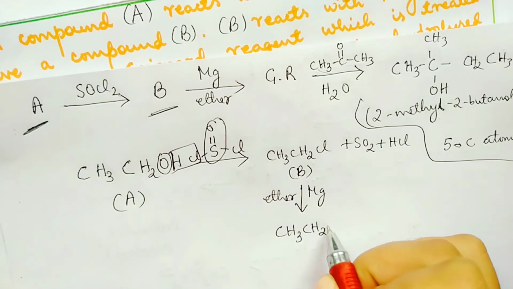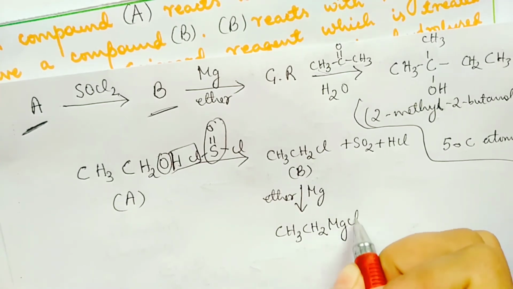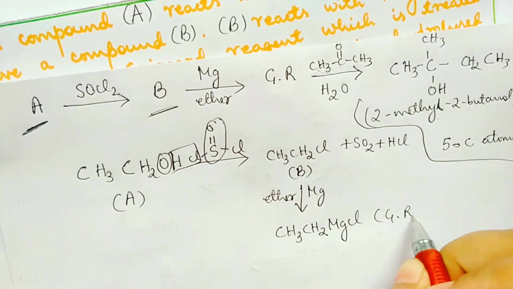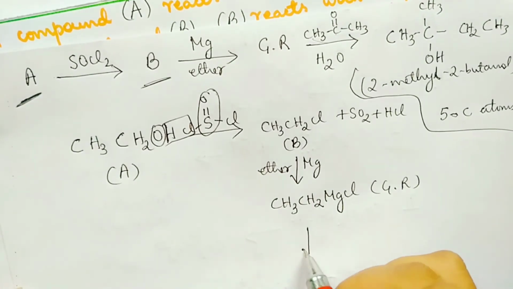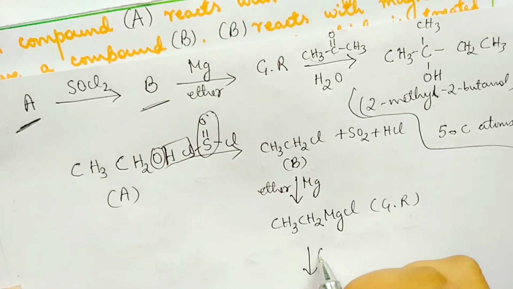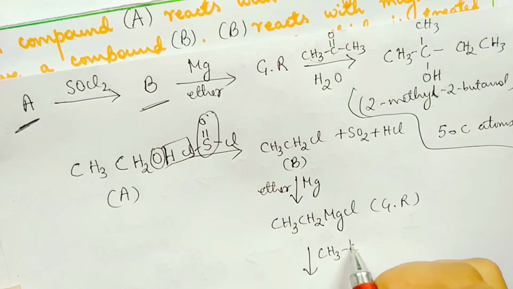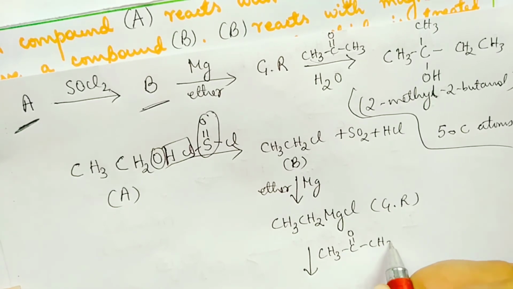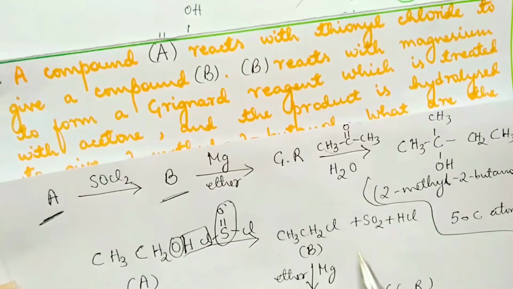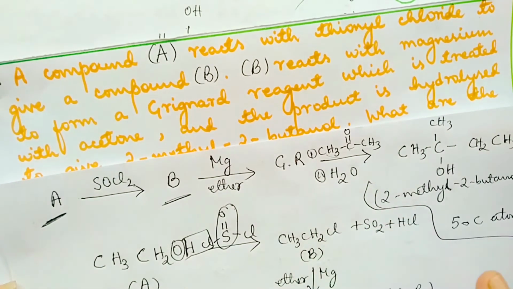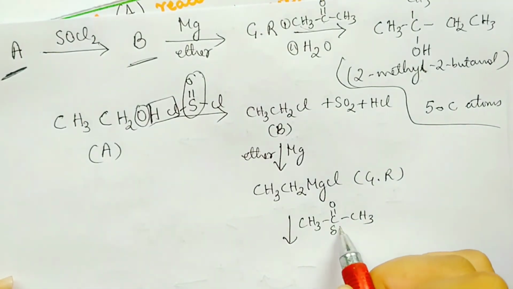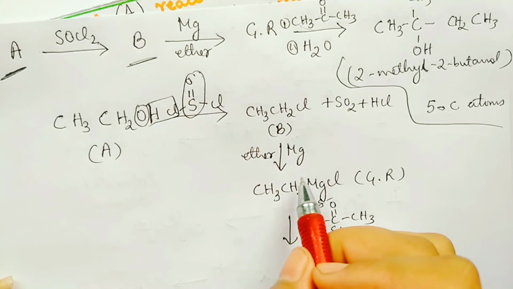CH3, CH2, MgCl. This is your Grignard reagent. And now next, what do you do? You add acetone. First step, you are adding acetone. Second step. This is partial positive, partial negative.